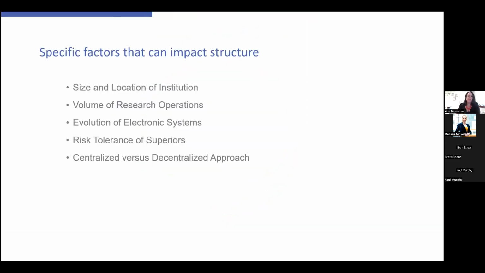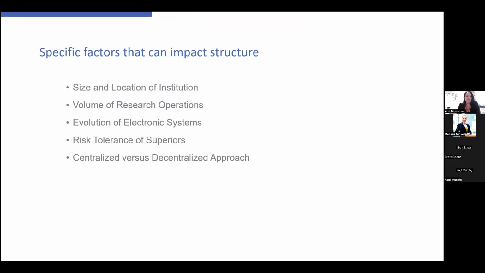And some more specific factors that can impact your structure is the size and location of your institution itself. Are you one campus? Are you multiple campuses? Are you located in an area where faculty come in person? Is it remote work?